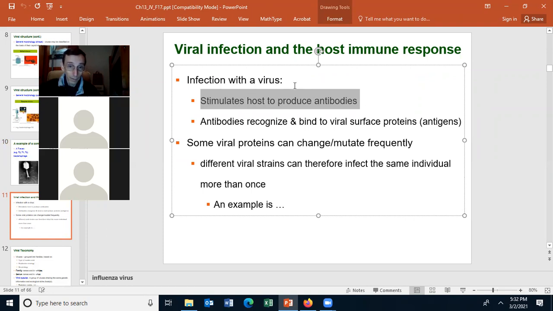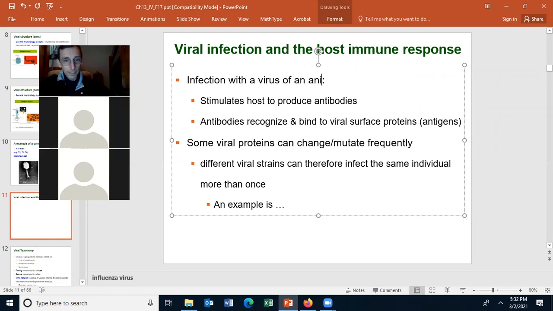But we're talking about when a virus infects an animal cell. I guess I should add that in there. Infection of a virus of an animal cell. That should be added. That's really late on my catching that. I've used this slide about 4 or 5 years.